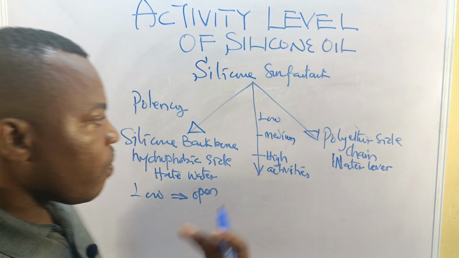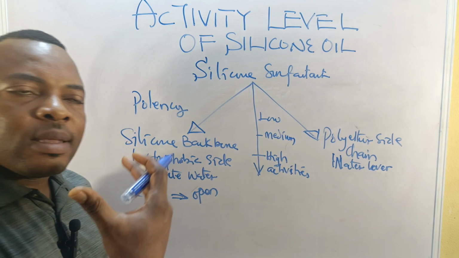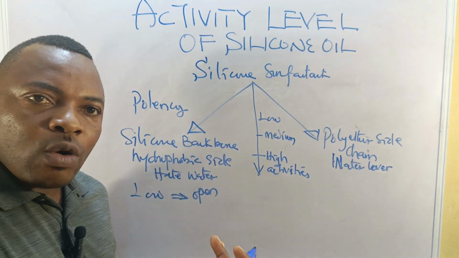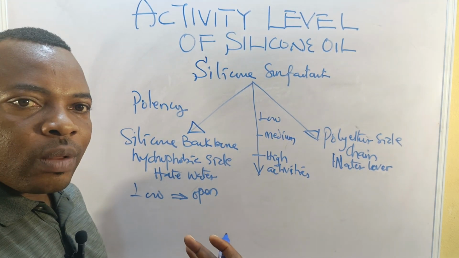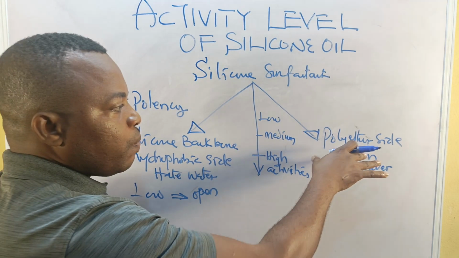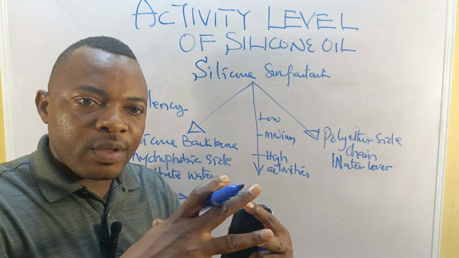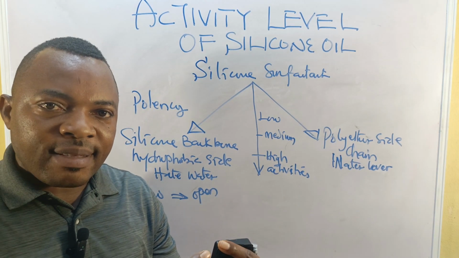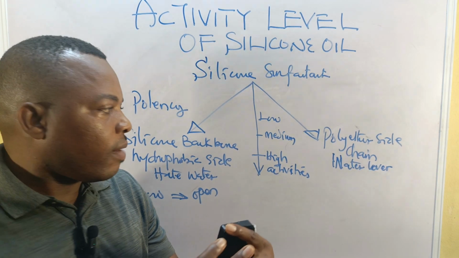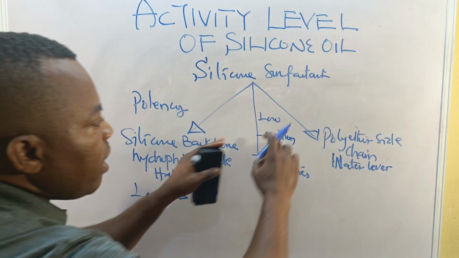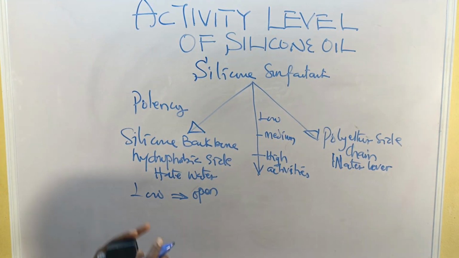So you need a high potent silicone surfactant to trigger the reaction, because at that level the solid materials are of volumes with less gas. You understand? So the level of this potency is not the same.